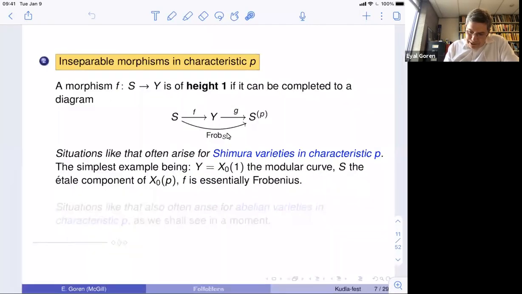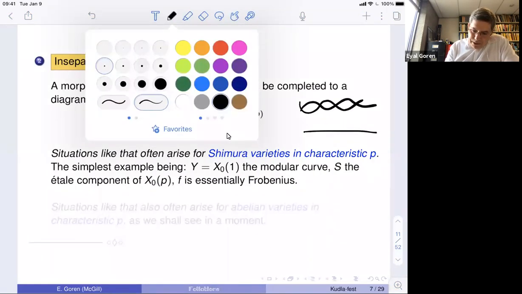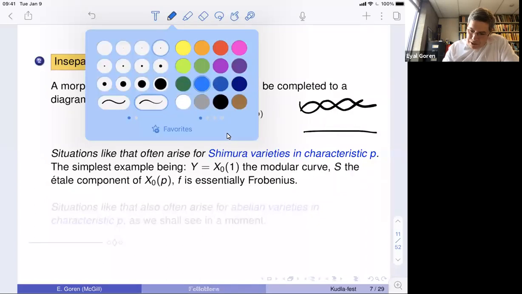And situations like that arise often for Shimura varieties in characteristic P. We'll see some examples today. Perhaps the simplest example is the modular curve X_0(P). We all know the picture that in characteristic P, it separates into two curves.